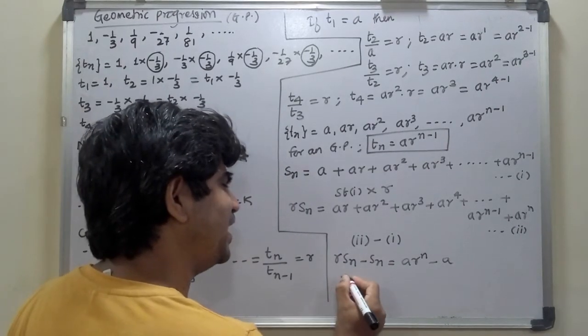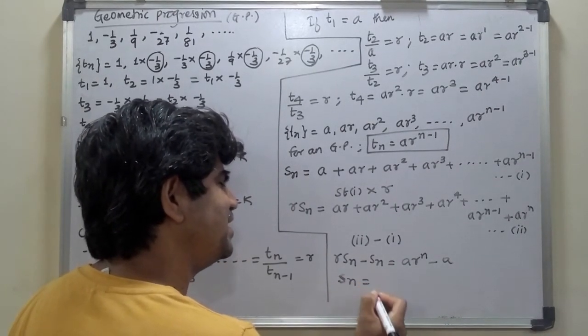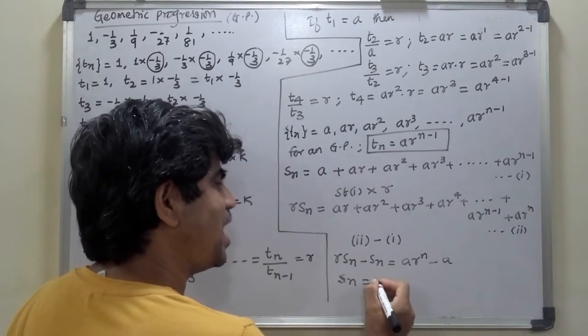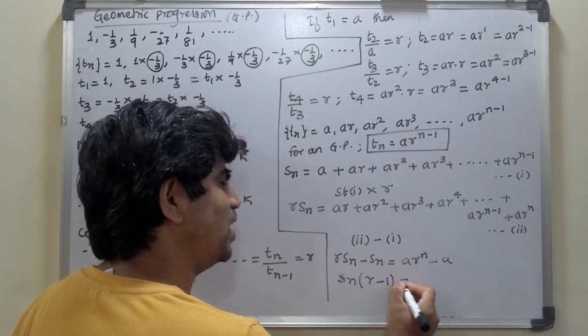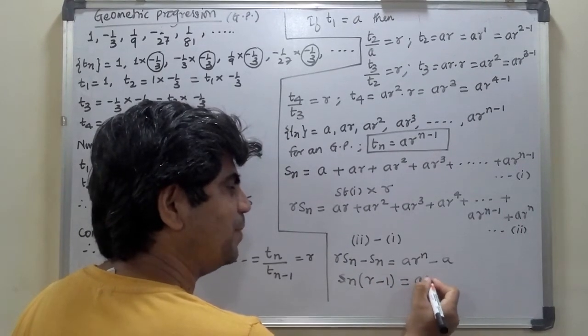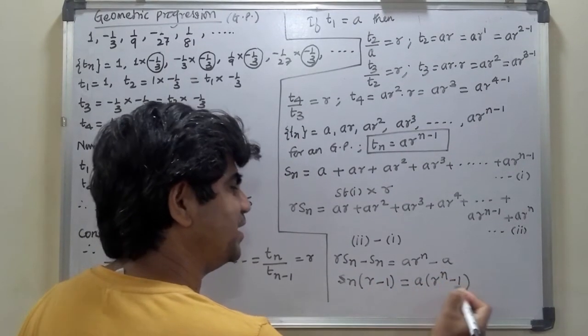Taking common, I get Sn into (R minus 1) equals A times (R raised to n minus 1).